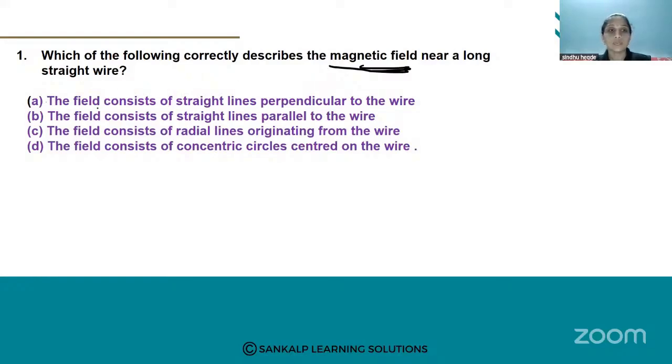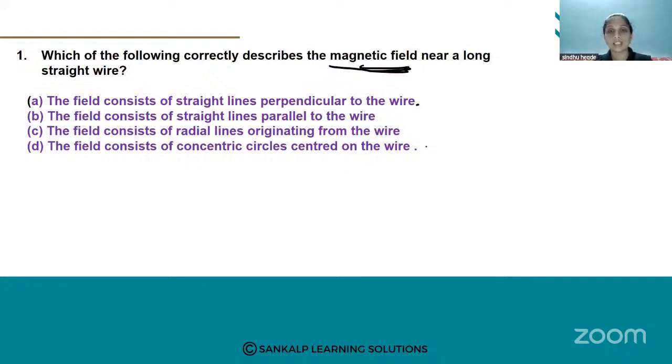First one, the field consists of straight lines which is perpendicular to the line, and second one, the field consists of straight lines which is parallel to the wire, and next one, the field consists of radial lines originating from the wire, and next one, the field consists of concentric circles centered on the wire.